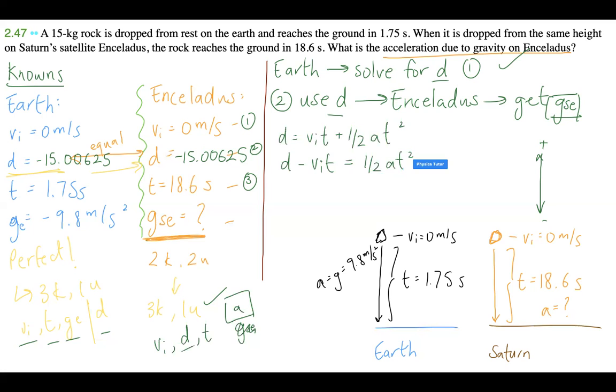Then we can do 2 times D minus VIT is equal to AT squared, and divide both sides by T squared. And if we want to solve for A, we just have A equals 2 times D minus VIT over T squared.